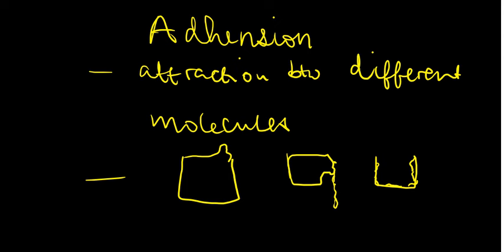The reason why is that the water molecules are attracted to the surface, okay? So these water molecules will be strongly attracted to the walls in such a manner that they will not easily leave. So there's an attraction between water and the surface. That's why it's adhesion forces.